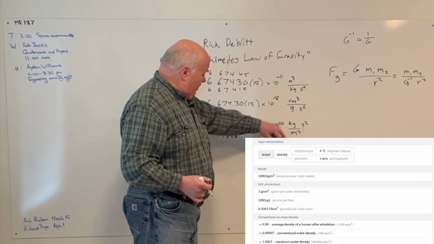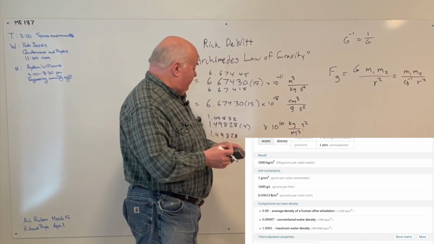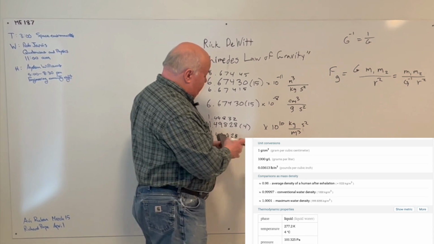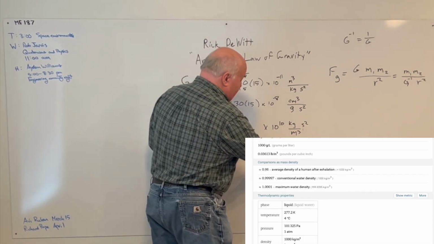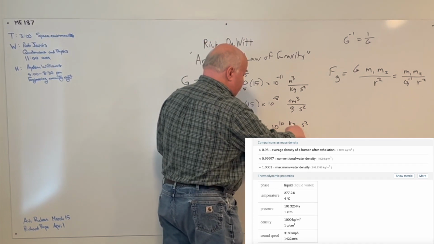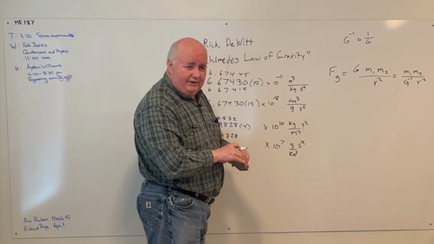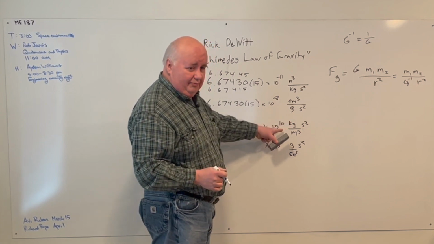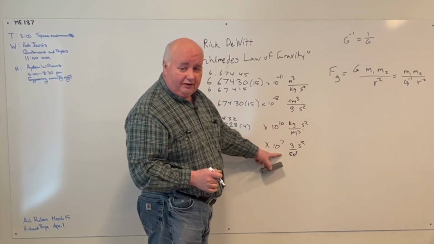So I could unify these two things by saying it's 10 to the 7th times the density of water, because the density of water over here is 10 to the 3rd power and 10 to the 1st power here.